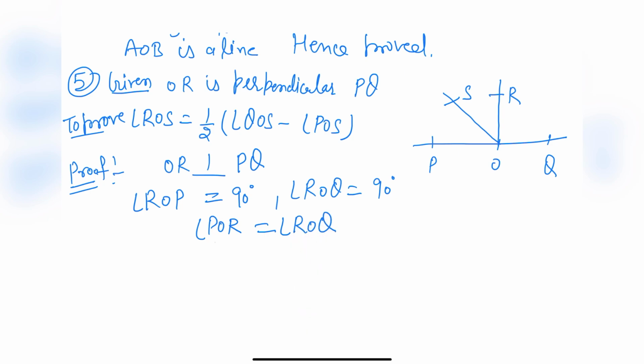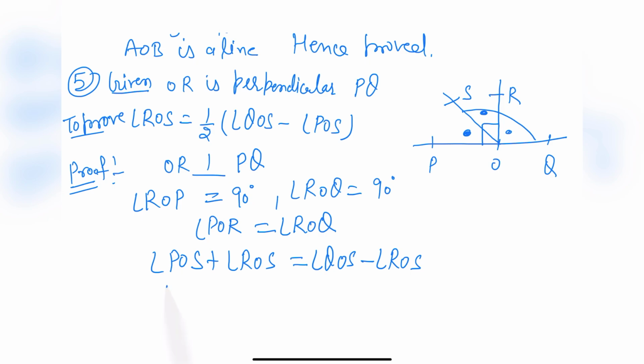So we write angle POR as angle POS plus angle ROS. So POS plus angle ROS is equal to angle ROQ, which we can write as angle QOS minus angle ROS.